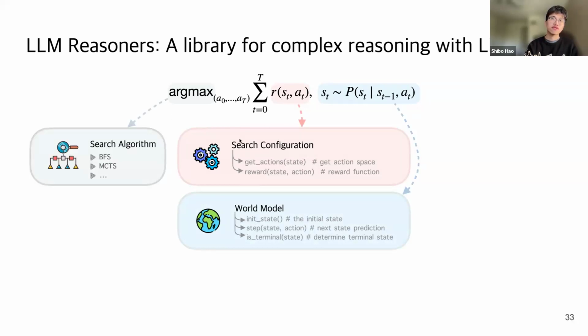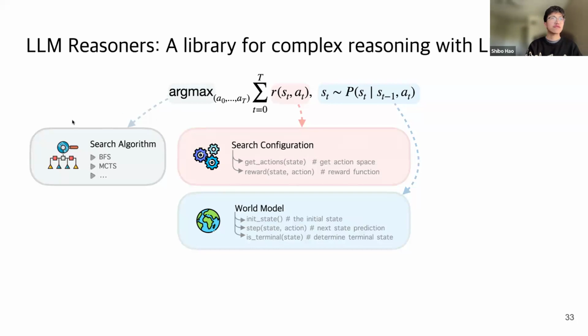We have this search configuration class, where we define the action space and the reward function, and the world model class, which takes over basically everything about the state. We want to define the initial state, the state transition, which is this probability, and what state is considered a terminal state.